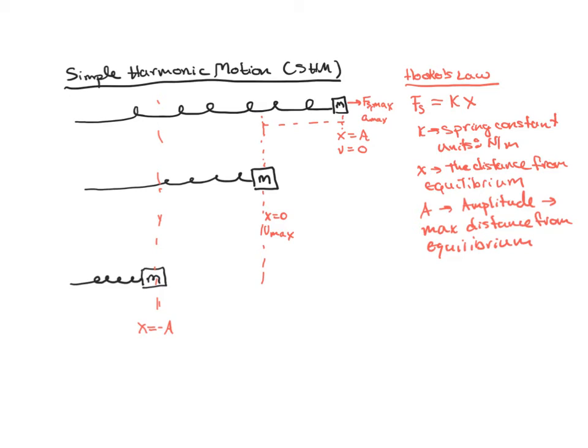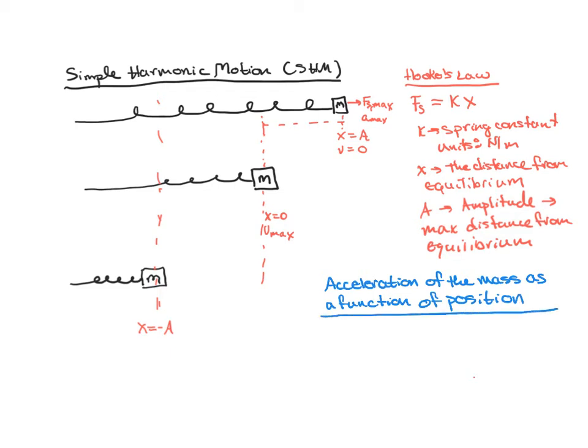Alright, so using this information that we've discussed, we're going to derive two equations. The first one is going to be the acceleration of the mass as a function of position. So we're going to sum forces in the x direction, and since we're ignoring friction, the only force acting on the mass is the spring force.